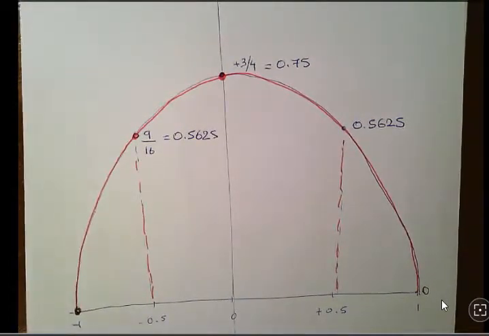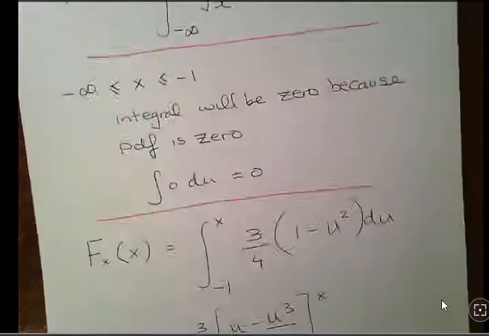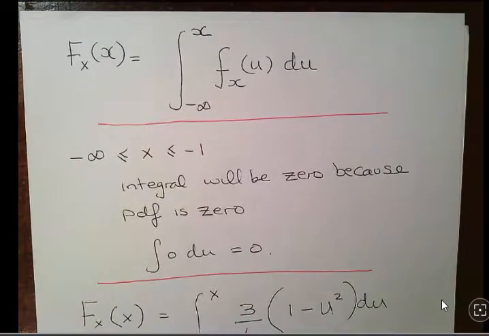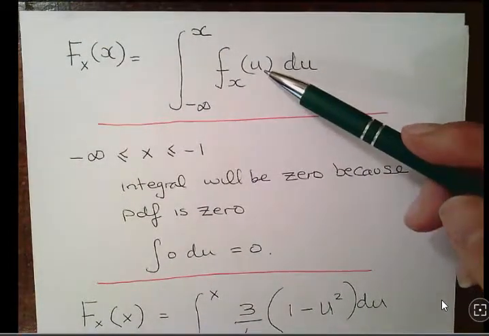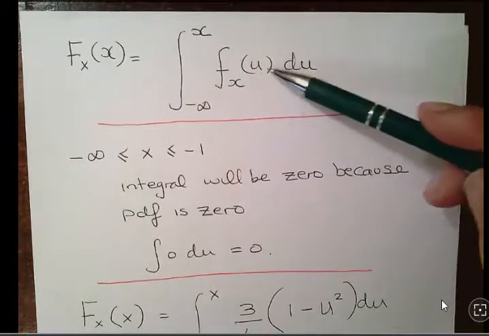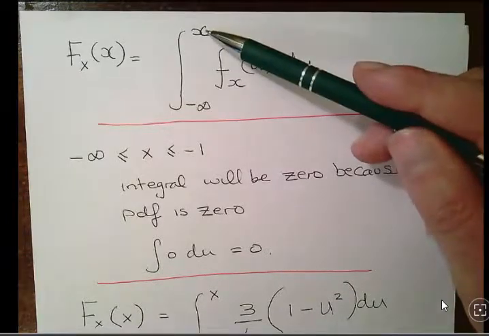Okay. So the next one is the cumulative distribution function. So that's the expression there, how we calculate it, from minus infinity to x. And the integral is in terms of u, such that the answer comes out as x.